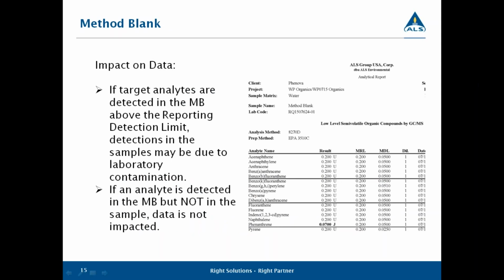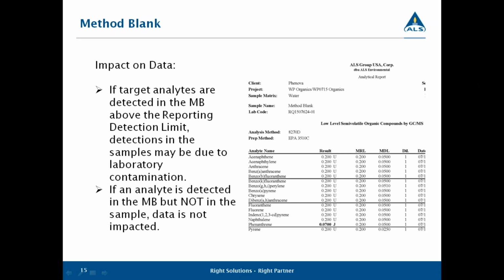So what's the impact on the data here? The method blank is a very, very important criterion. As you can see here, we have a snapshot of an analytical report where we're doing some semi-volatile analysis. And you look there and you say, oh wow, we have a hit of phenanthrene. This J flag, remember before we were talking about results between the method detection limit and the method reporting limit.